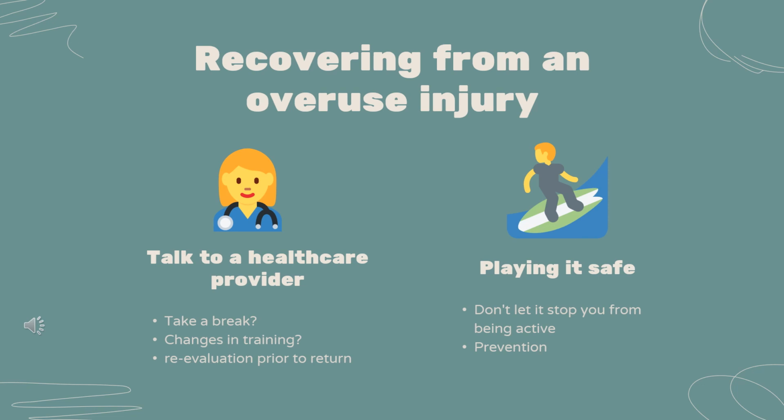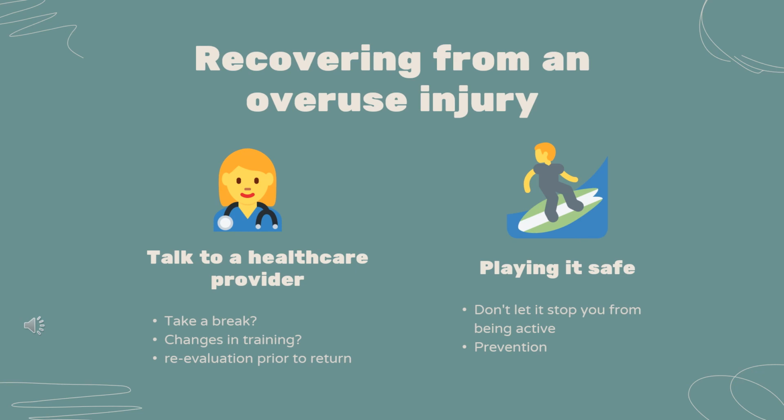Make sure you tell your doctor or other healthcare provider if you've recently made changes in your workout technique, intensity, duration, frequency, or type of exercising. Identifying the cause of your overuse injury will help correct the problem and avoid repeating it.